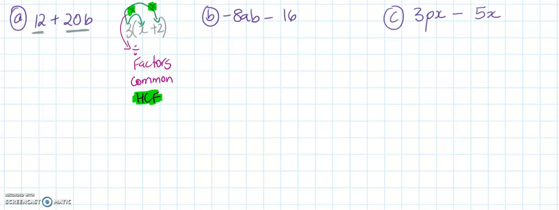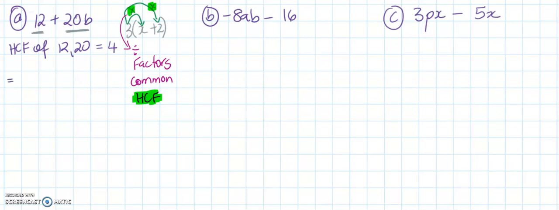Now let's have a look at 12 and 20 and think to ourselves, what is the highest common factor between 12 and 20? Like, what is the number that multiplied by something gives us 12, and also the same number multiplied by something gives us 20, which means we're looking for the highest common factor of 12 and 20, and that gives me 4.